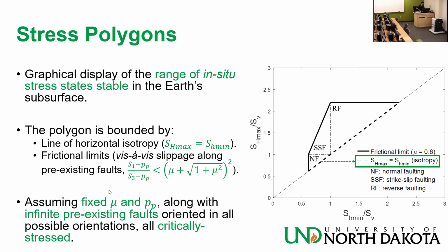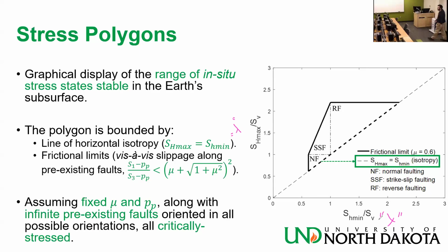Let's just, for simplicity, call this X in inverted commas axis, and this Y in inverted commas axis. So X is SH. Oh, what am I doing? I did exactly the opposite. Sorry, my bad. This is Y. This is X. So when I refer to X, it is SH min over SV.